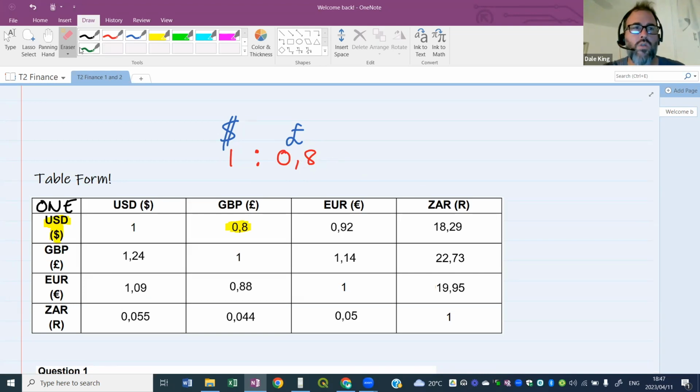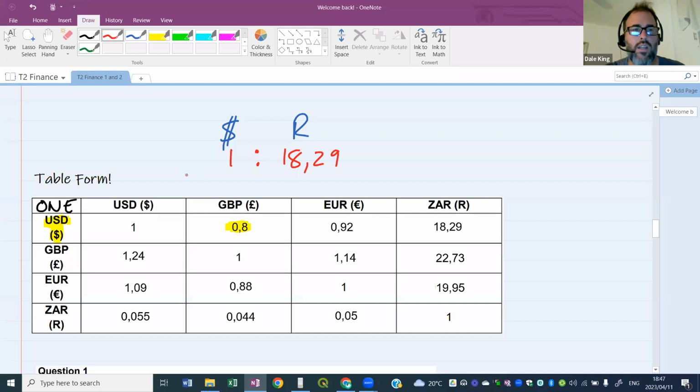Now, if we had to change this to rands, it's a sad story. Us South Africans have to collect 18 rand and 29 cents just to get $1 US. So our currency is actually a lot weaker than the US dollar.